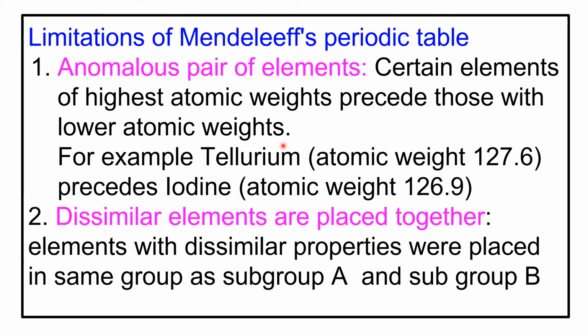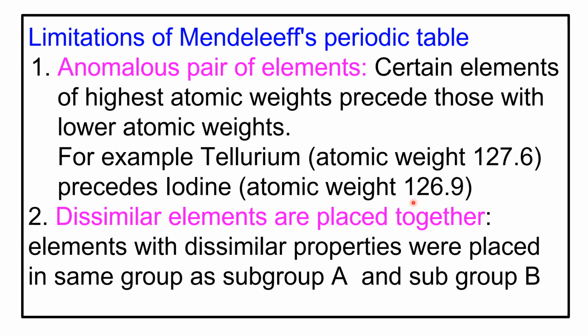But it was observed that higher atomic weight is preceding lower atomic weight. For example, tellurium, whose atomic weight is 127.6, precedes iodine, whose atomic weight is 126.9.